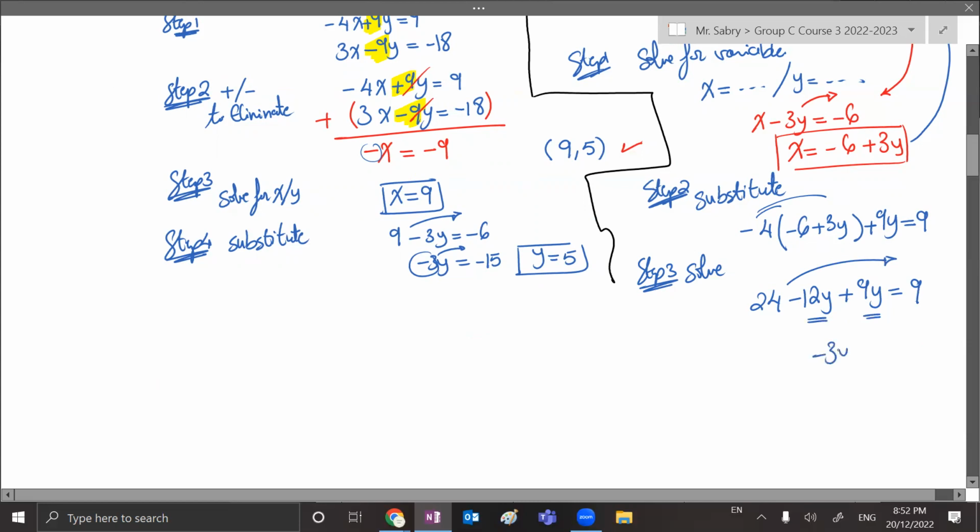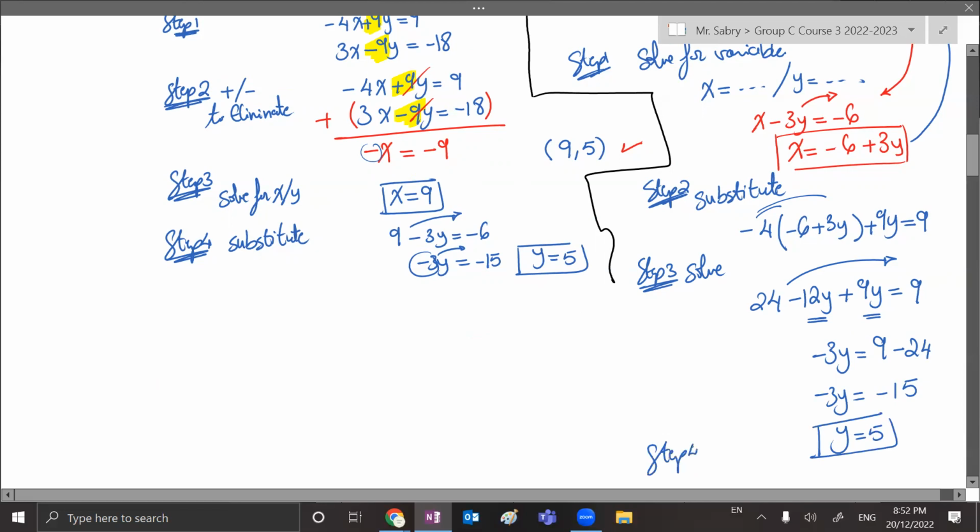It will become negative 3y equals 9 minus 24, which means that negative 3y will be equal to negative 15, which means that y is equal to positive 5. I got the value of y.